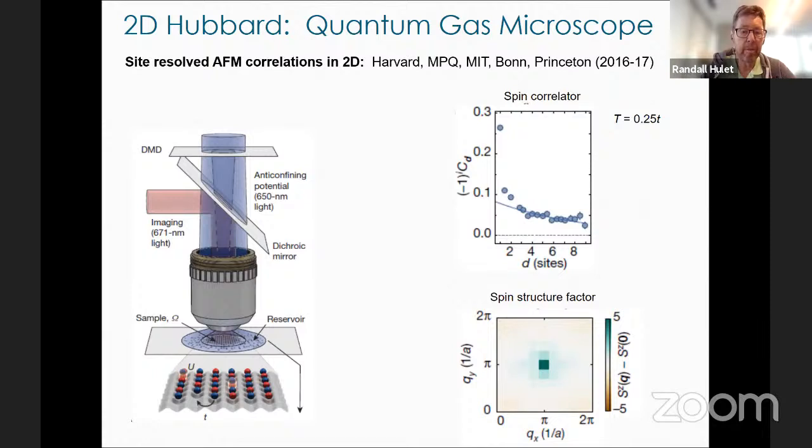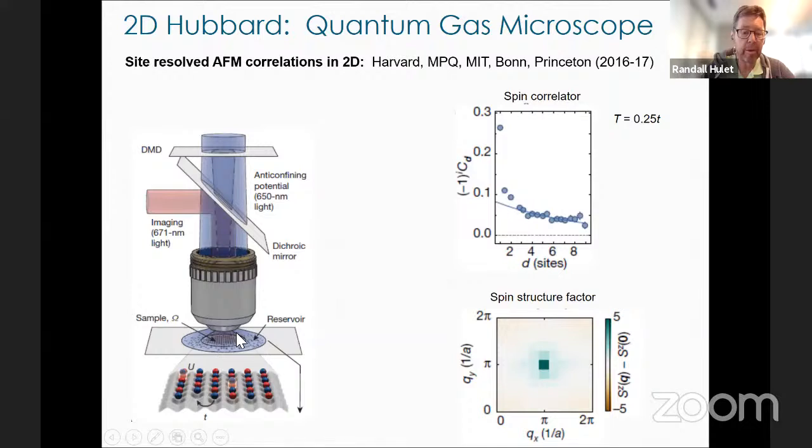With this ability, they're also able to make a reservoir, that's the little thing they're showing down here, and implement the idea that we just discussed in the previous slide. So they made a reservoir on the outside of this.